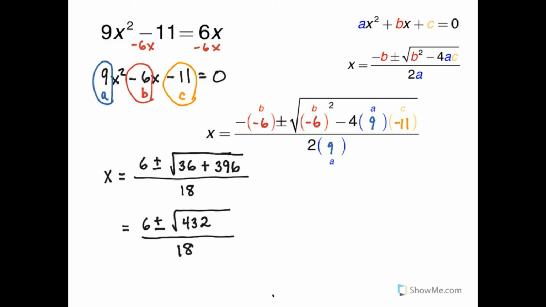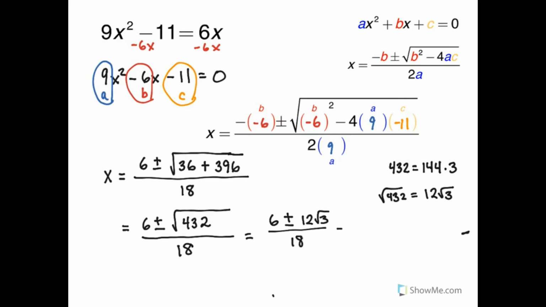Unfortunately, we're not done because the square root of 432 can be simplified. Because 432 is equal to 144 times 3, the square root of 432 is equal to 12 root 3. So simplifying square roots is an important part of being able to use the quadratic formula. So now I'm rewriting as 6 plus or minus 12 root 3 over 18.